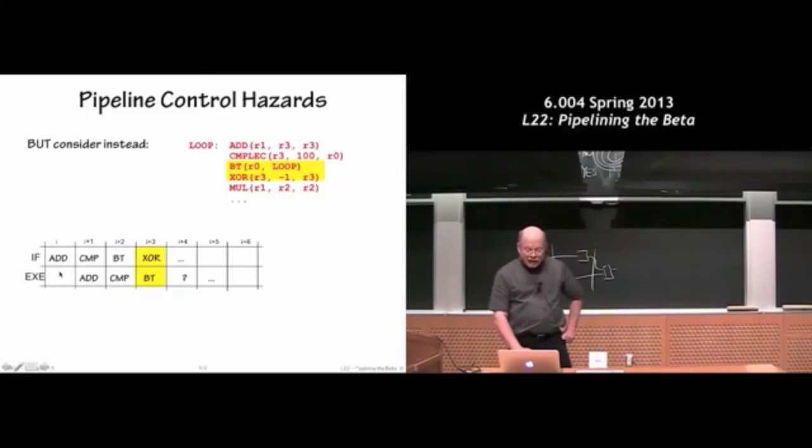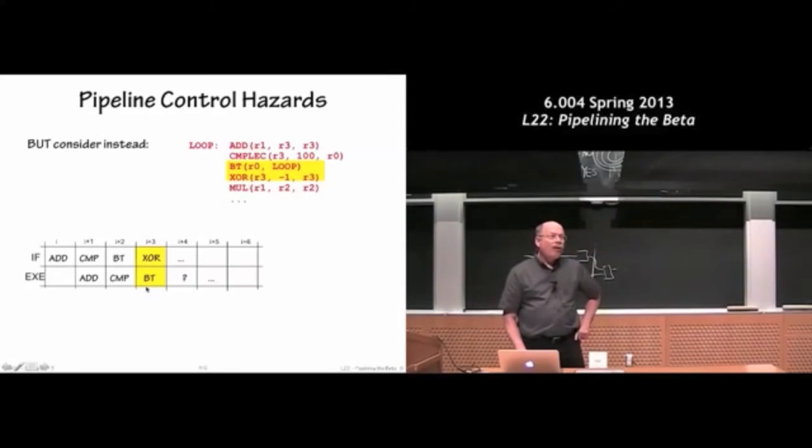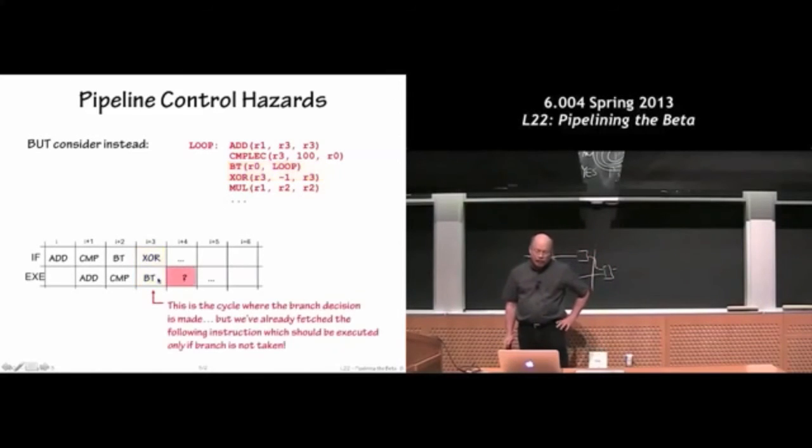In this clock cycle, in the execute stage, we go off and fetch RA from the register file, and the branch instruction wants to look at RA to see if it's 0 or non-zero. So the decision about whether we're going to go back to the beginning of the loop or execute the XOR is being made in clock cycle I+3 for the first time through the loop.